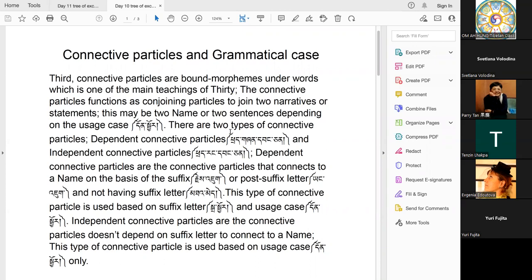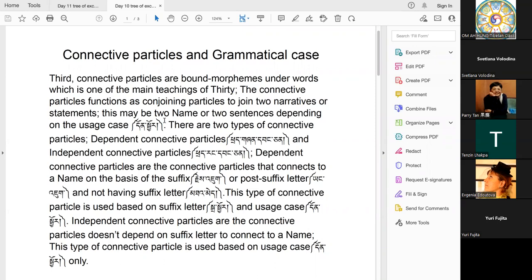So two parts of this narration. So one is unable to eat. Why? Because one is already full. So you see that this particular particle conjoins these two parts of a sentence. So this is the function of these particles.